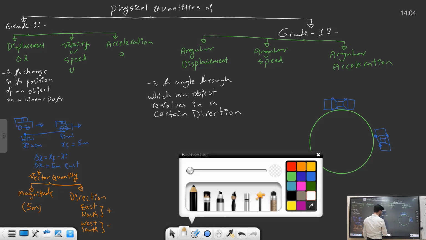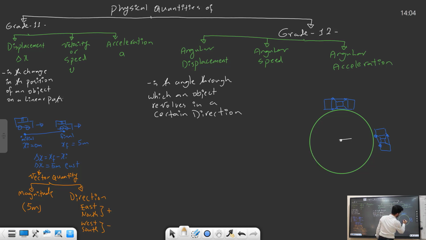So we can say that this is the initial position of the car, and then the car has traveled to here. Guys, here the initial position of the car is marked as xi. But if you remember, in the previous lesson, I told you that the amount of revolution or rotation of an object is found in 2 ways.